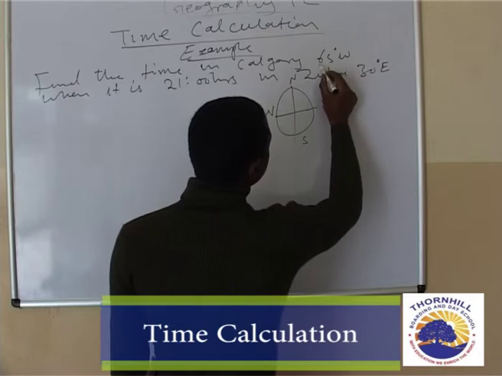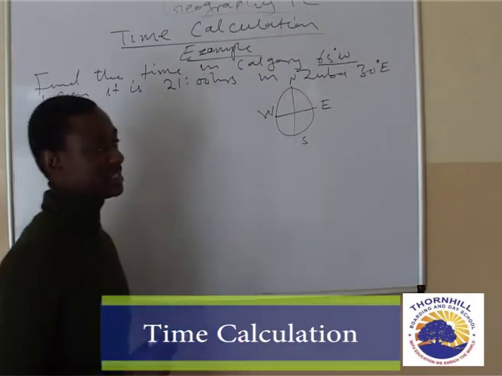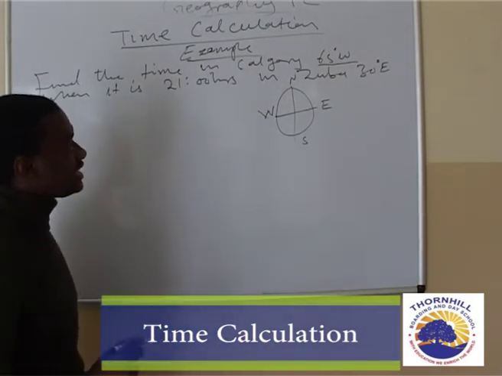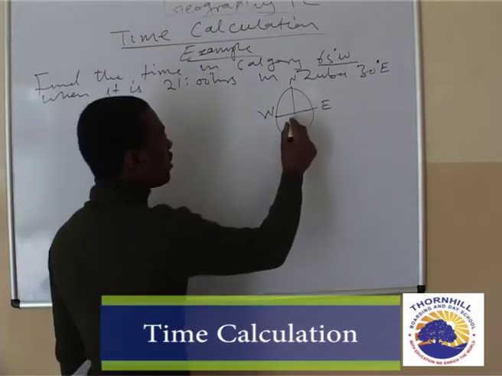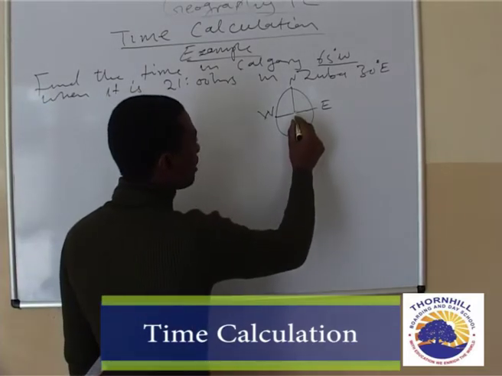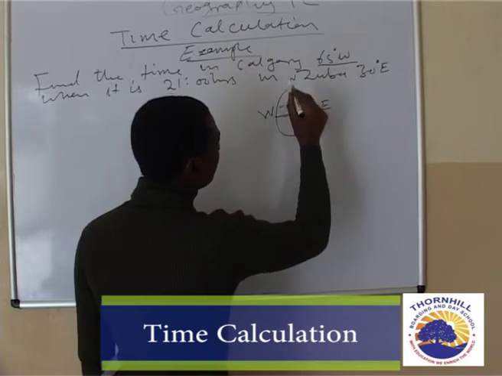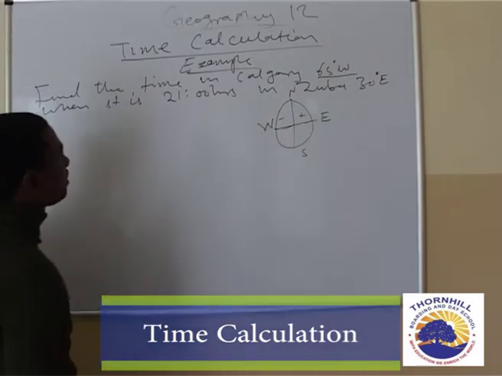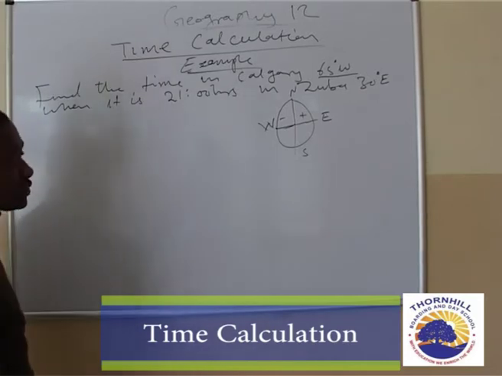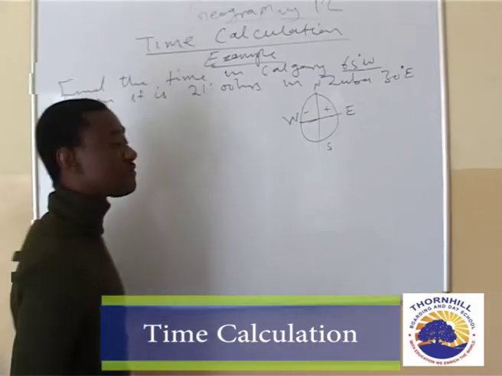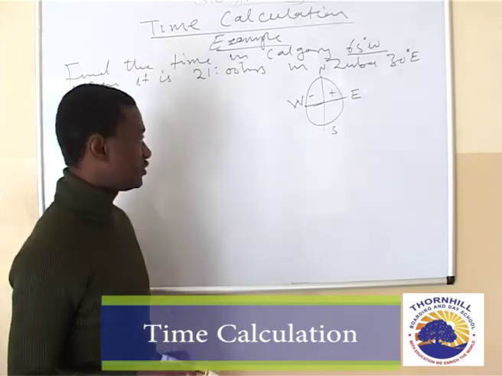It is 65 degrees west. So when it is 65 degrees west, it means time is going to reduce because we're going to the west. This side time increases, this side time reduces. Step number one, we are supposed to find the difference in longitudes.